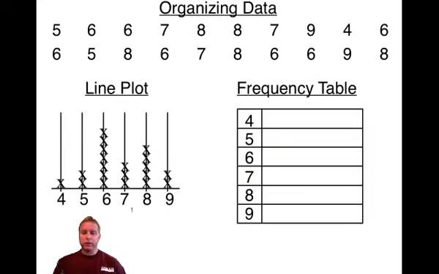If we go back to the frequency table, we're going to make little dash marks for each number as we go along. And you can see that this is something that, little tally marks that you've done before. You may not have called it a frequency table, but that's what you're doing.